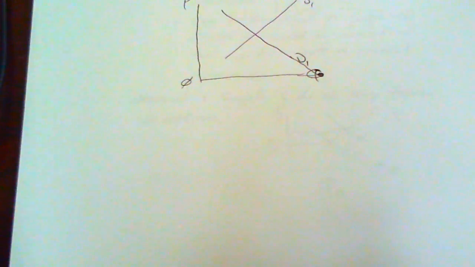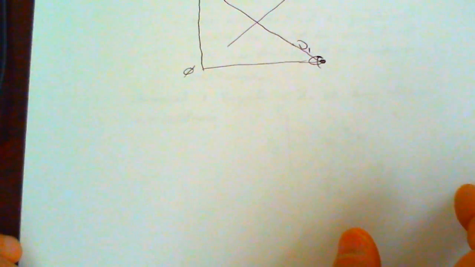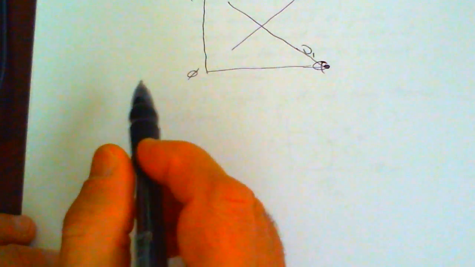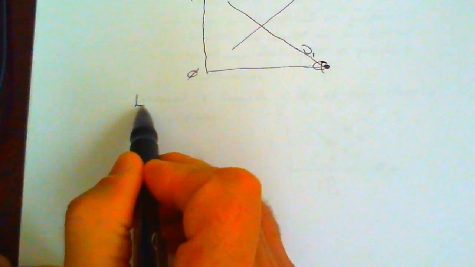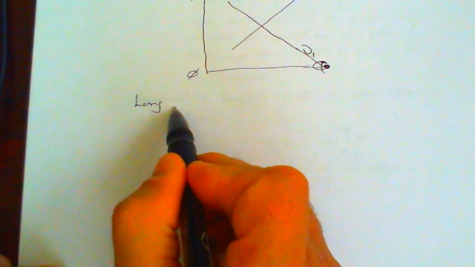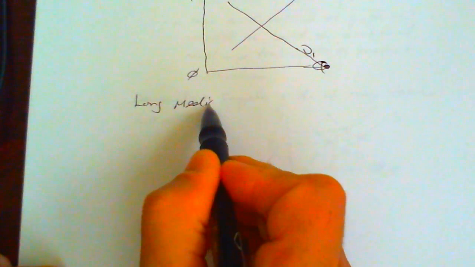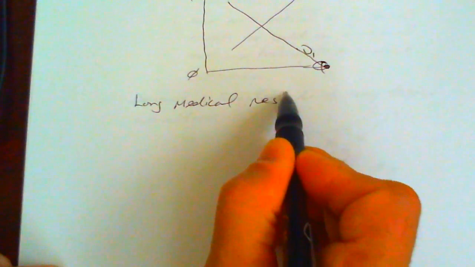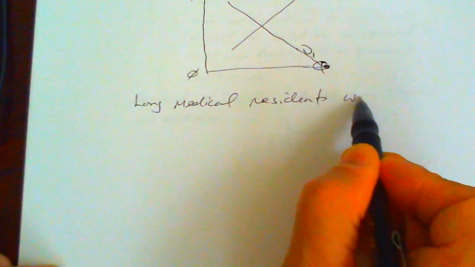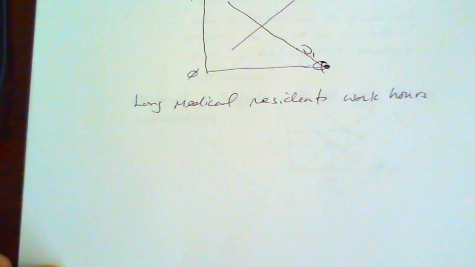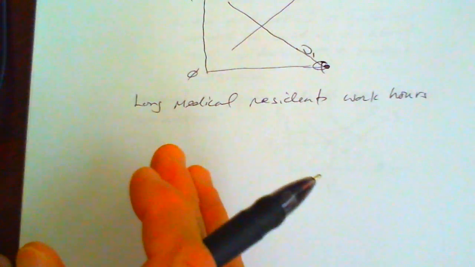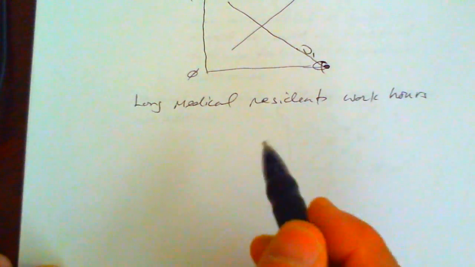Let's, for example, take a case. Let's say you read an article, and the article is discussing the long medical residents' work hours. They work 80 hours a week, let's say, and there are some people who are arguing that there are some downsides to this when it comes to patient care.